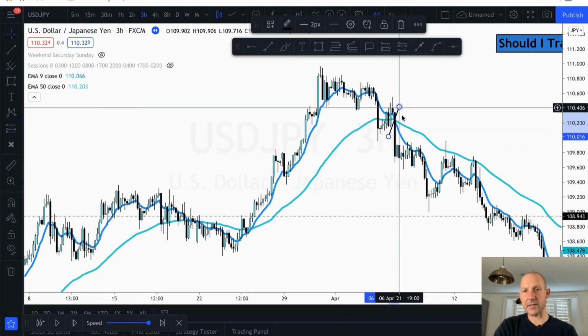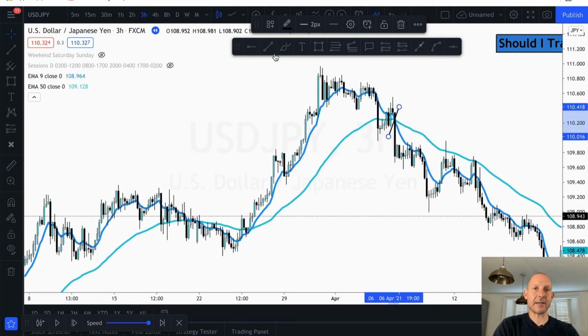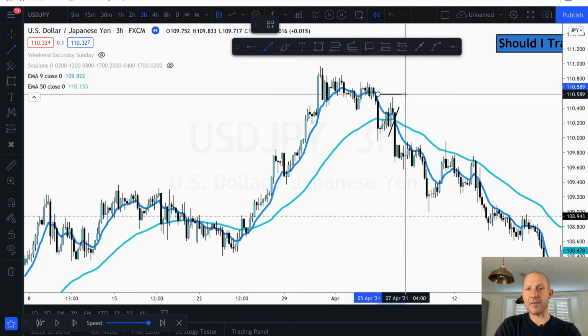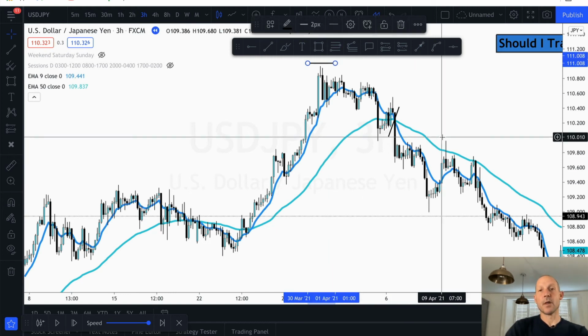If you're not getting in until halfway down the move, your stop loss has still potentially got to go up here somewhere. You might be able to put your stop loss above here, or you might want to put it up here. But either way, your stop loss is going to be a lot bigger because you've entered the market from something that is already lagging.